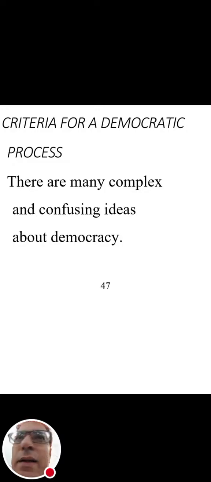You may recall Robert Dahl asked us, suppose you form a group and there are 10, 20 members in that group, and you are asked to write a constitution.